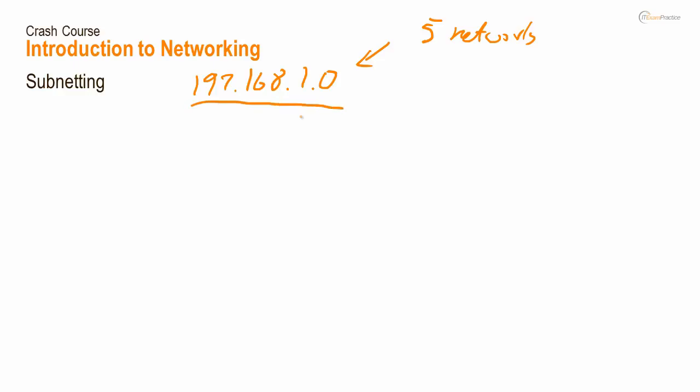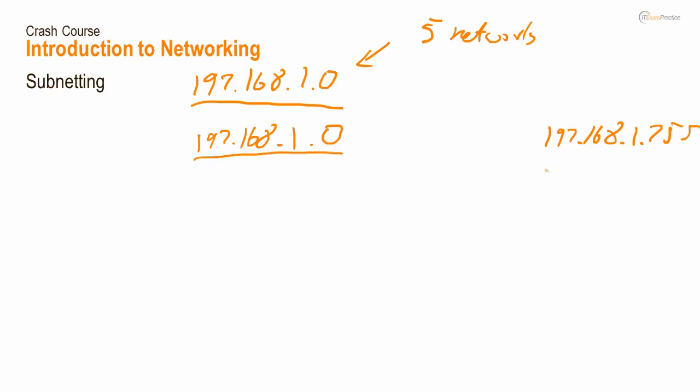We do not really need 254 IP addresses, because that's what we have available here with this IP address and the default subnet mask. With 192.168.1.0, the last IP address is 192.168.1.255. We are not allowed to use the first and the last IP addresses.